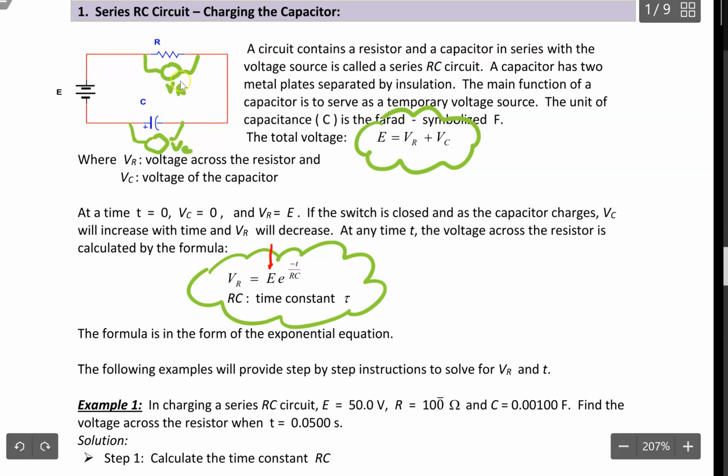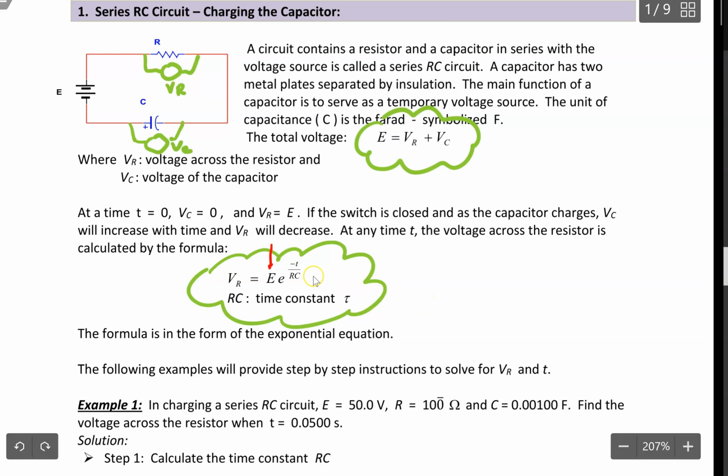The voltage in my source remains the same, but now it has to be distributed among the resistor and the capacitor. Therefore, the voltage across the resistor decreases as the voltage across the capacitor increases. To calculate the voltage across this resistor, I have to use this particular formula.